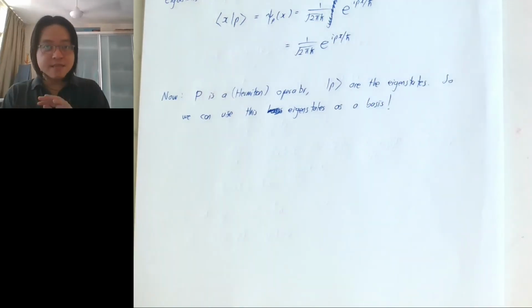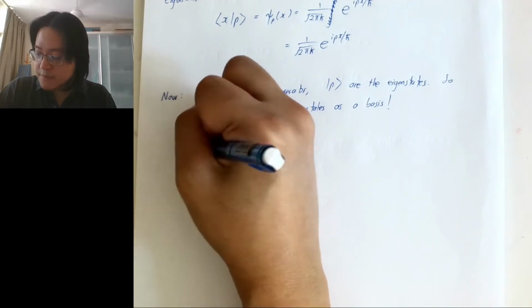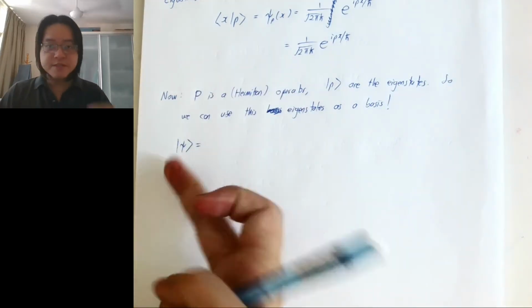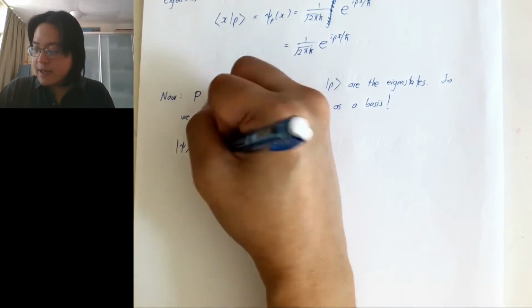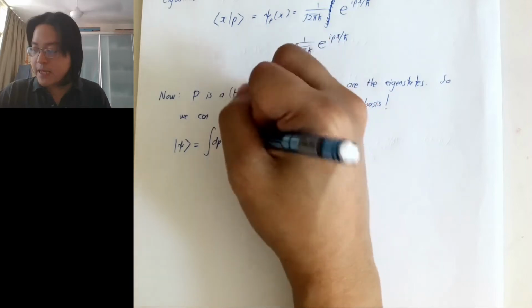Not just x, but also p. That means given a state psi, any arbitrary state in Hilbert space, I can use p as a basis. So instead of x, I'm talking about p now.